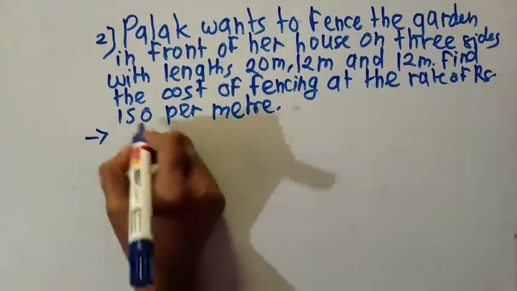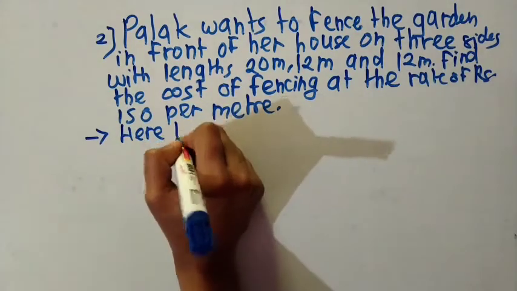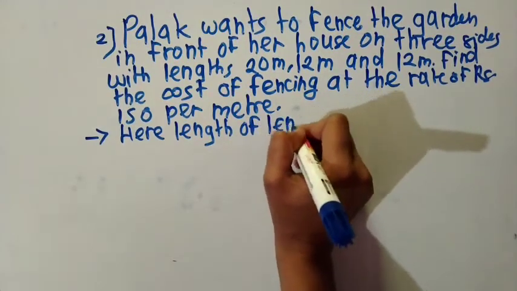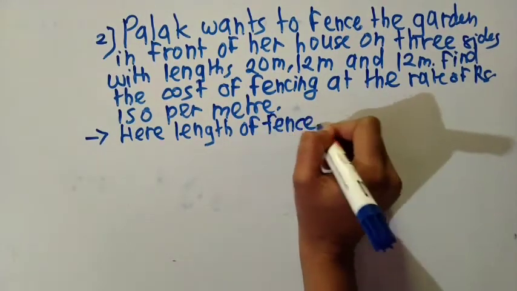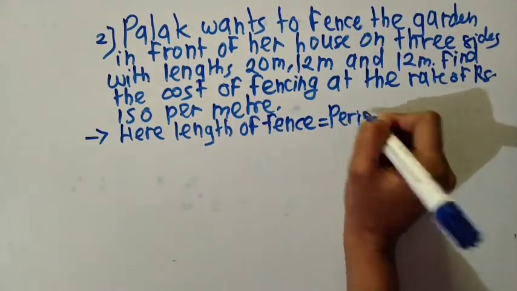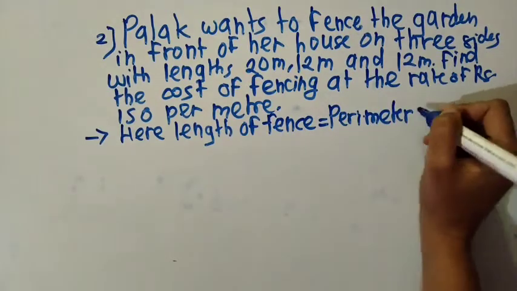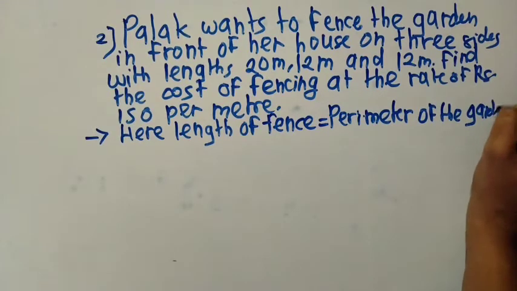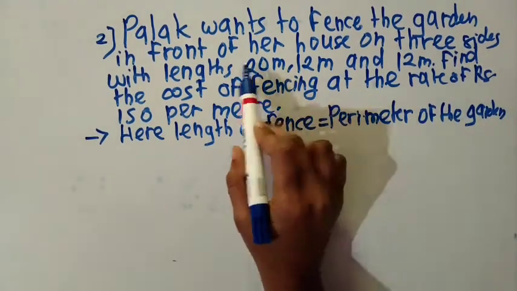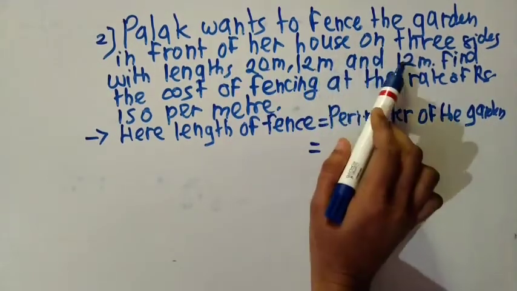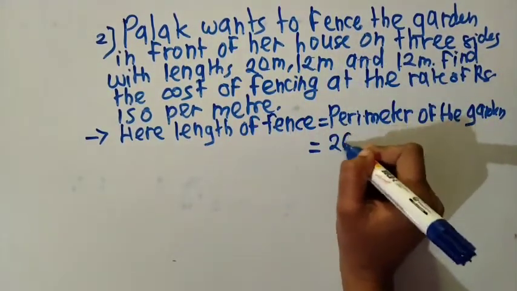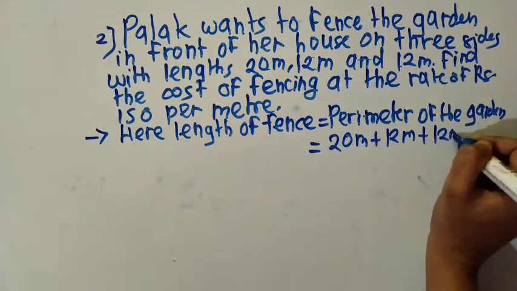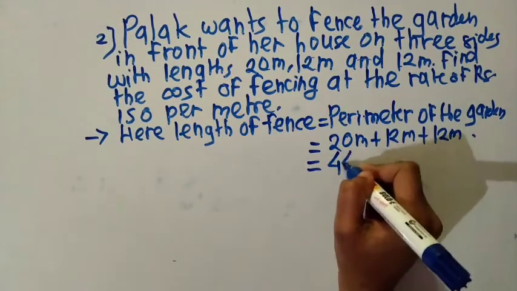First of all, find out length of fence, which is equal to perimeter of the garden. Perimeter means this three sides addition, so 20 meter plus 12 meter plus 12 meter is equal to 44 meter.